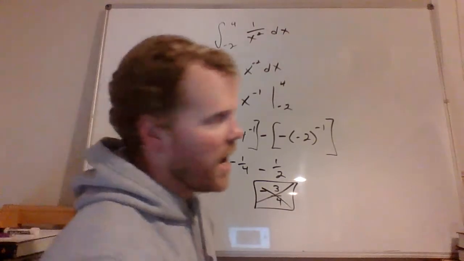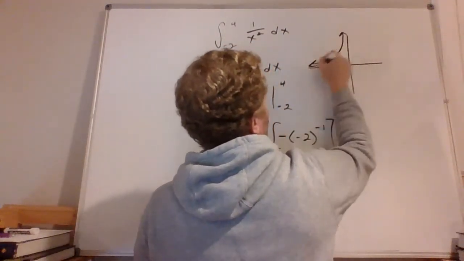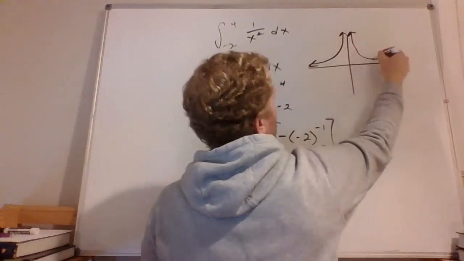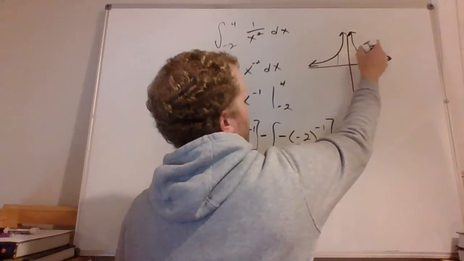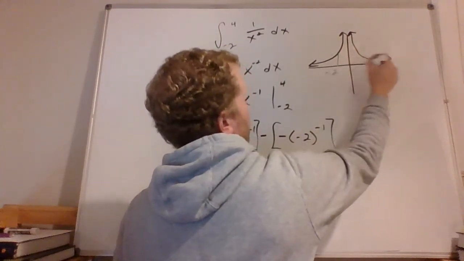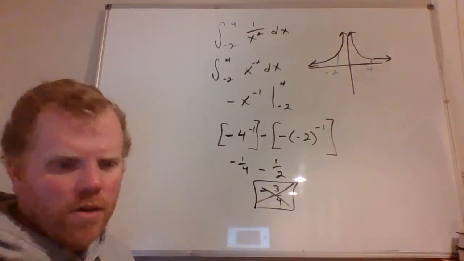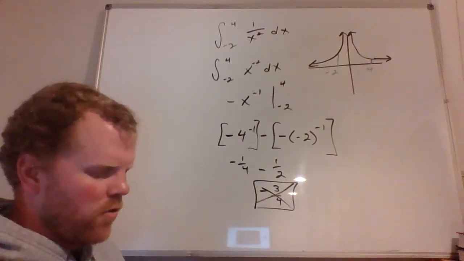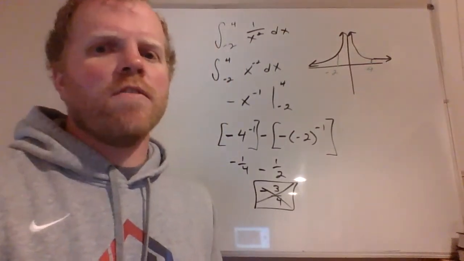And the reason it's not is 1 over x squared looks like this. And we're trying to integrate from negative 2 to 4. And yeah, that function's not continuous. So one of the parts that's easy to gloss over when talking about the FTC is the continuity of the function.